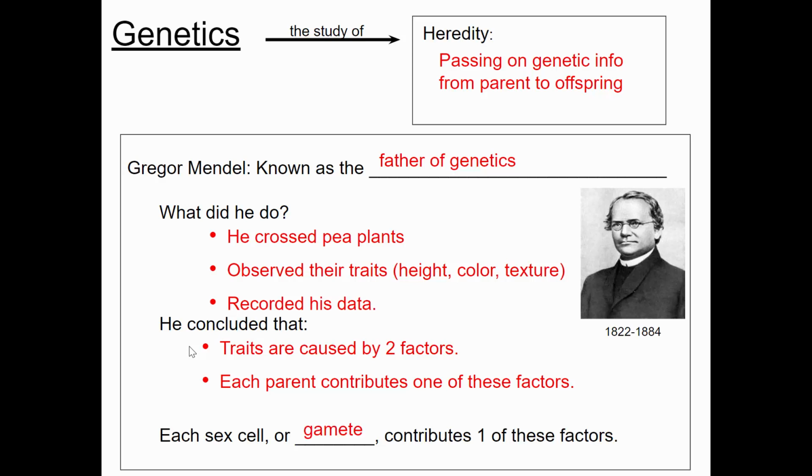So we know that today, each sex cell, each gamete, is carrying one chromosome that has the genes for one of these characteristics. Each parent contributes one of those. He called them factors. We call them today genes or alleles. Each parent contributes one of those, and that results in the characteristics of the offspring.